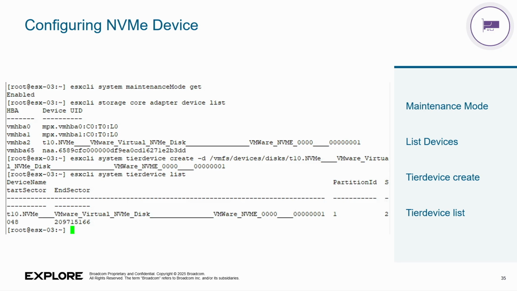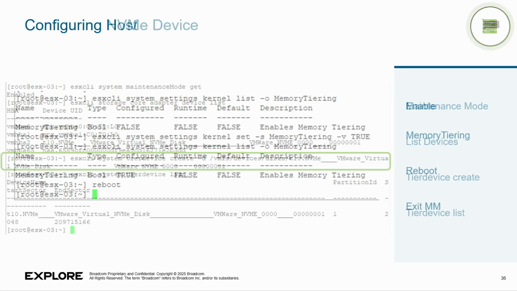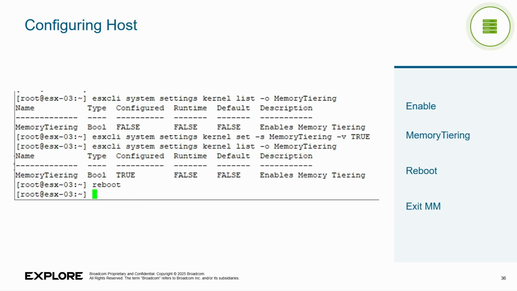So here's how you configure it. To create the partition, we use esxcli system tier device create, pass the device name, and that's it. No sizing, nothing. We create it, and that puts us into the next step. The next step can be done through the vCenter UI, or since we're here, we can just do it from the host.